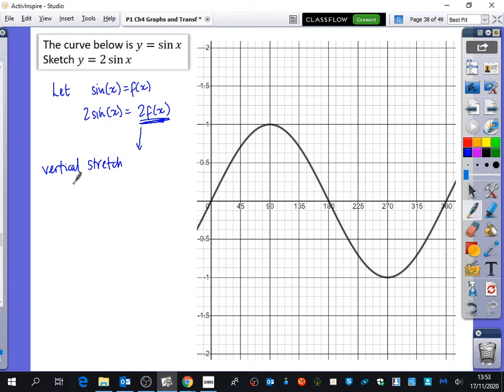So we could either say a vertical stretch, or we could say a stretch in the y direction, of scale factor 2. All you need to concentrate on is the y-coordinates.